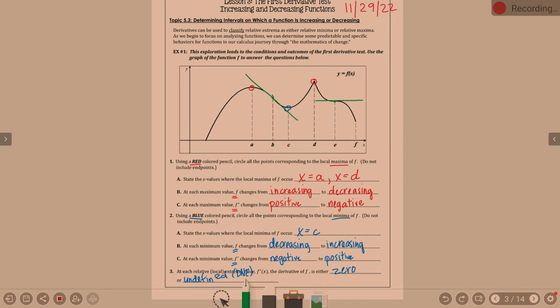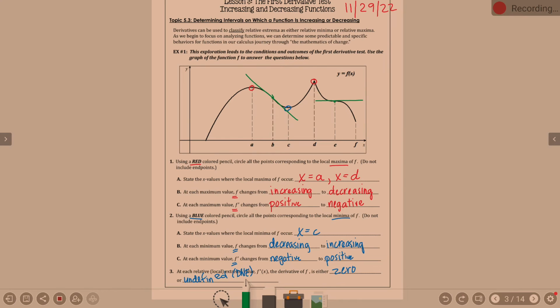And go fill in your blanks when you're ready. At point E, the derivative of E is what? 0. Describe the change in behavior of the graph of f at this value.